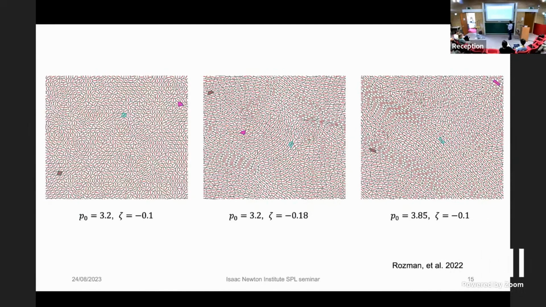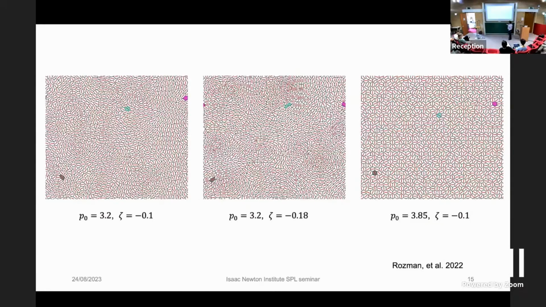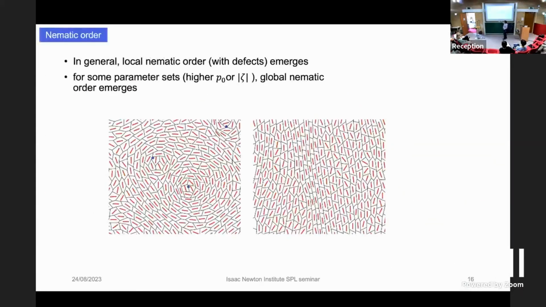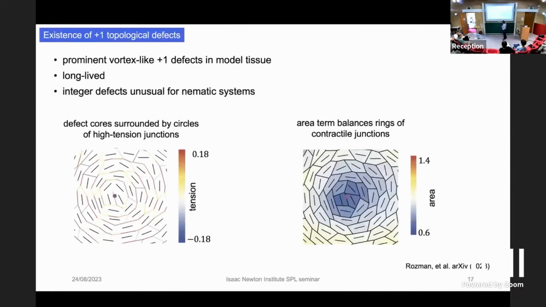If you look closer into these circles, this is one which is extracted in here. This is actually a +1 topological defect. So we've seen a +1 topological defect in something which is a nematic, but in here I'm going to put quote unquote nematic, because nematic here is a readout of a shape.